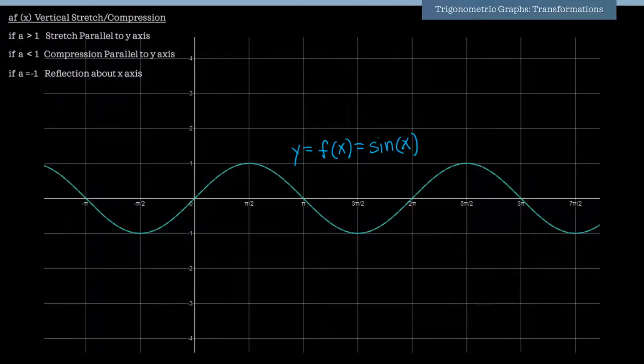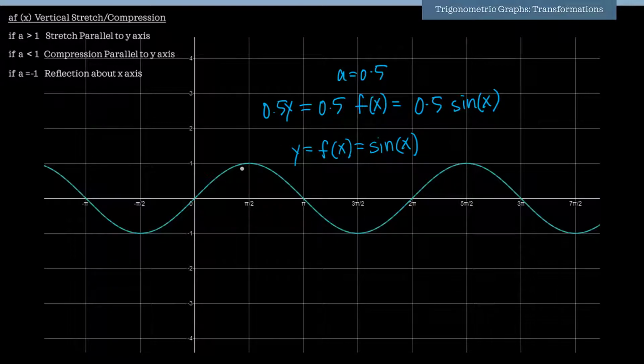Now let's look at an example of compression. We know that if the value of a is less than 1, it's going to be a compression. So if I multiply this function by a value less than 1, let's say 0.5, so it's going to be 0.5 f of x is equal to 0.5 sine of x. So each value of y is going to get compressed by a scale factor of 0.5 because the value of a is 0.5 and we stretch or compress by a scale factor of a.